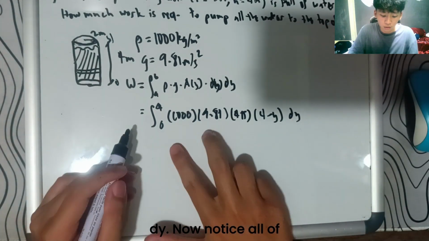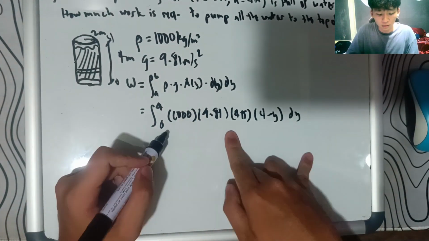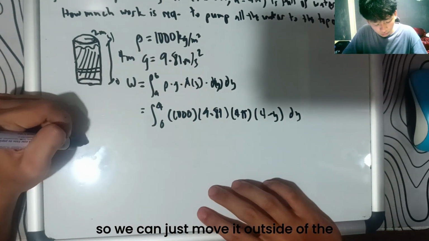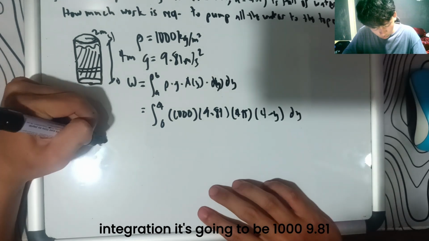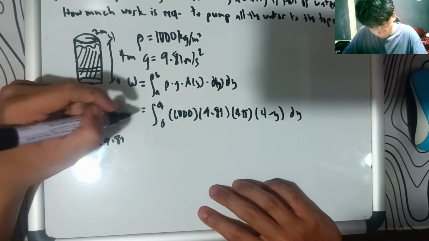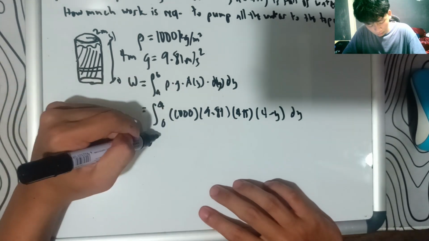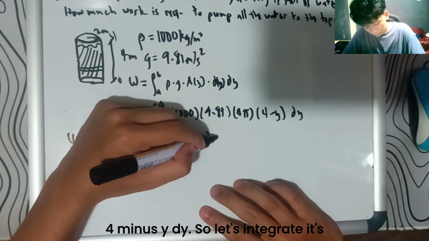Now, notice all of these three are constants. So we can just move them outside of the integration. It's going to be 1000 times 9.81 times 4 pi times the integral of 4 minus y dy.